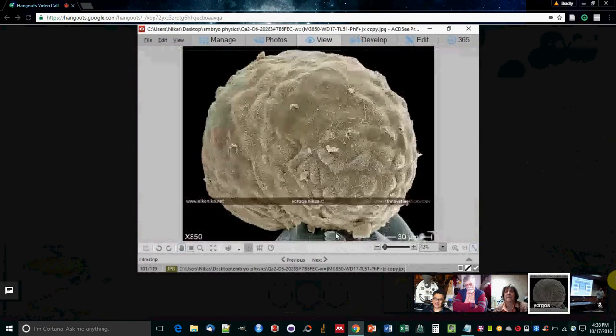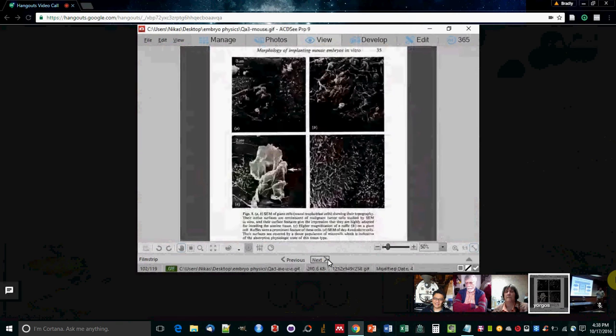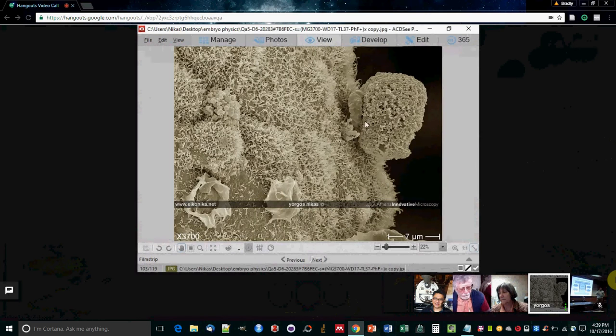And this was studied years ago in the mouse. This is an old publication I found, and they comment on these ruffles, but they say they resemble cancer cells and so on. And I could not understand what these ruffles are doing until I saw this.